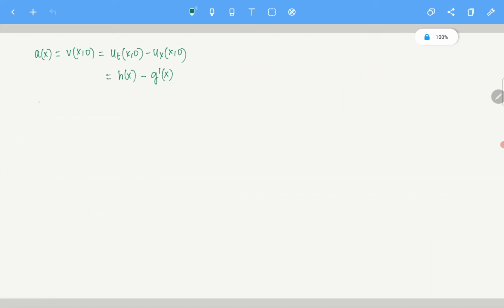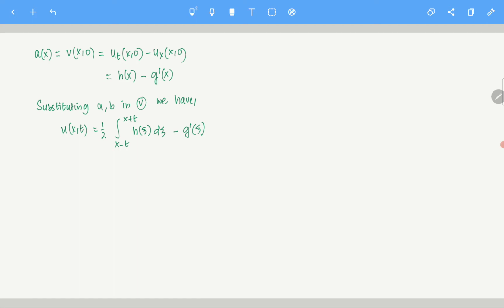Now substituting a and b in 5, we have u of x comma t given by half, integral from x minus t to x plus t, of h of xi minus g prime of xi, this whole thing, d xi, plus g of x plus t. Clear?